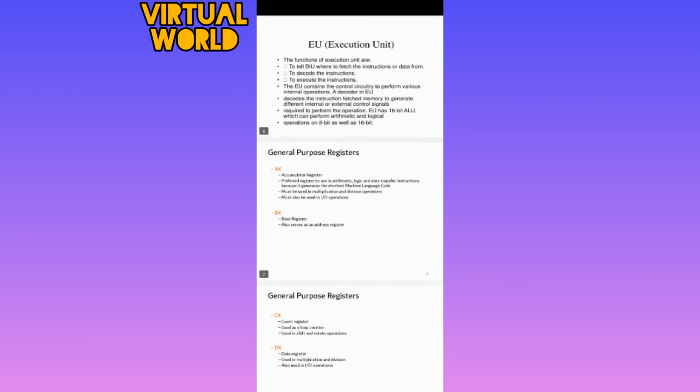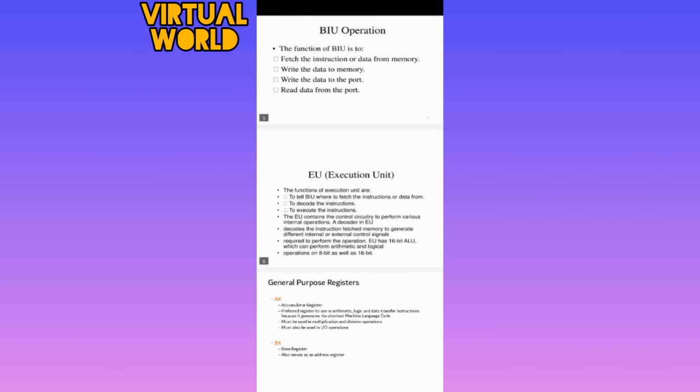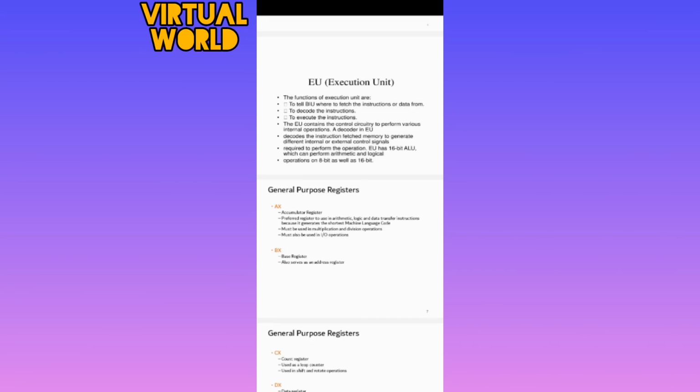So what are the functions of the execution unit? It tells the BIU, the bus interface unit, where to find the instructions or the data from, and also to decode the instruction and to execute the instruction.